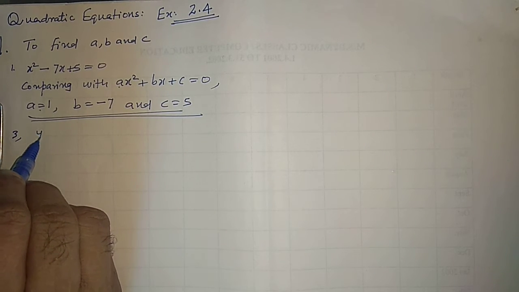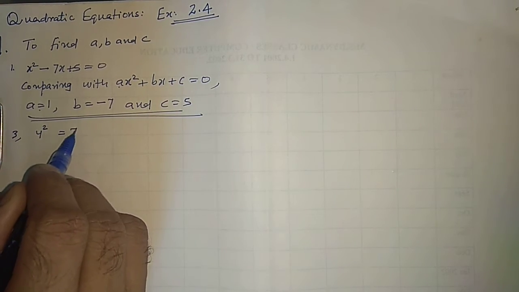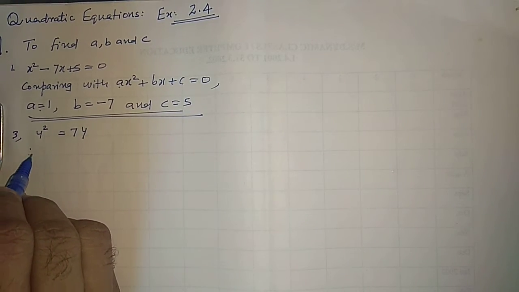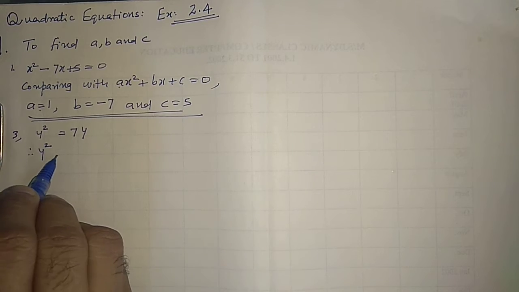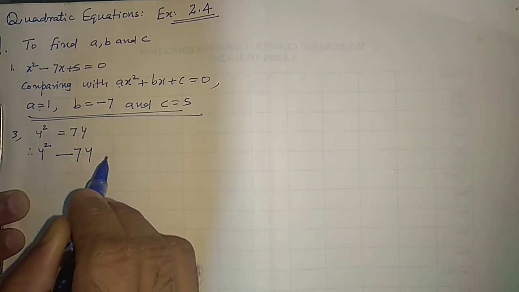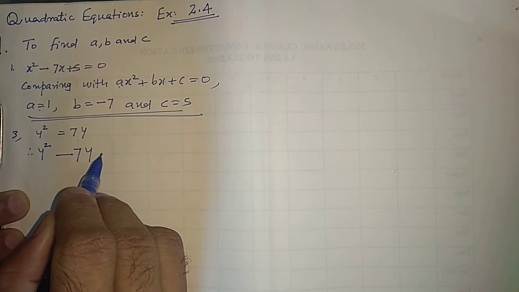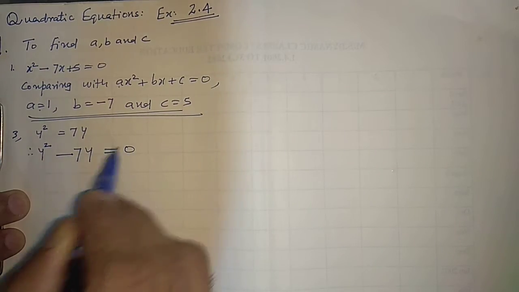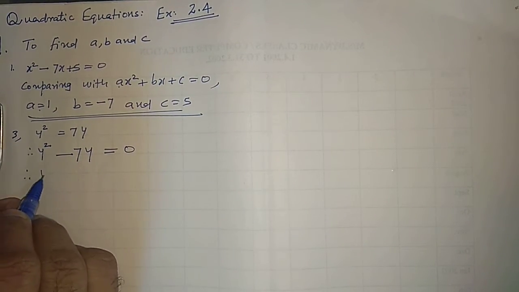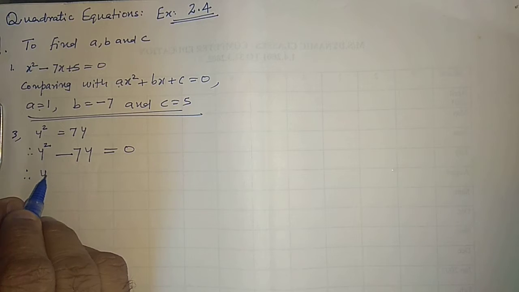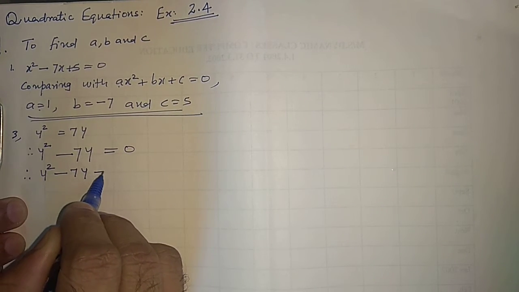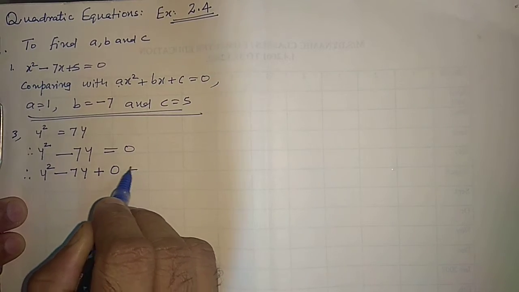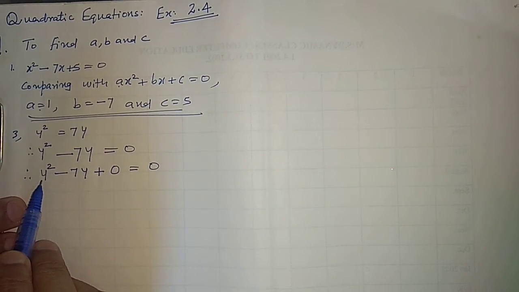It is y square equal to 7y. Therefore 7y comes to this side as minus 7y, and here there is no constant term. So we write it in the general form: y square minus 7y plus 0 equal to 0.